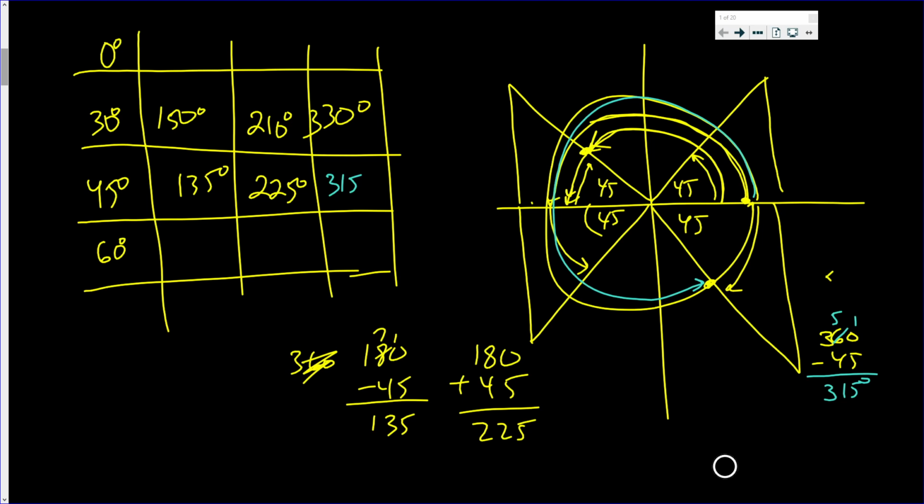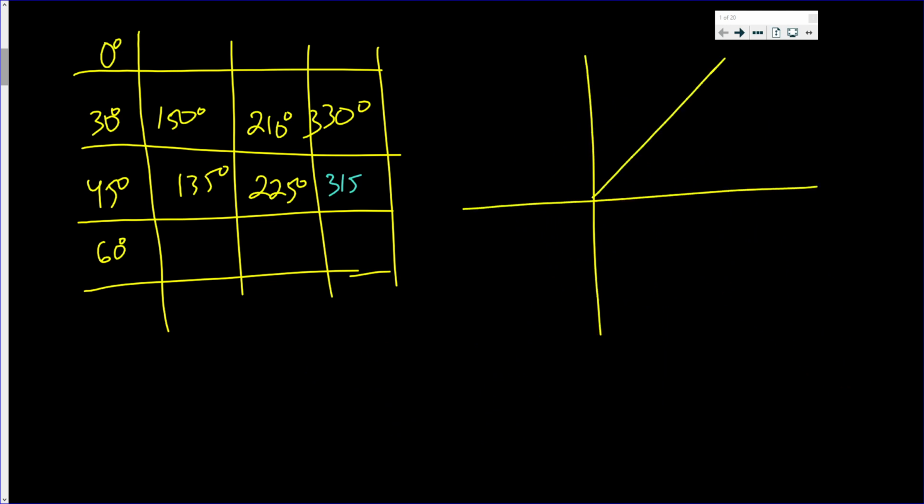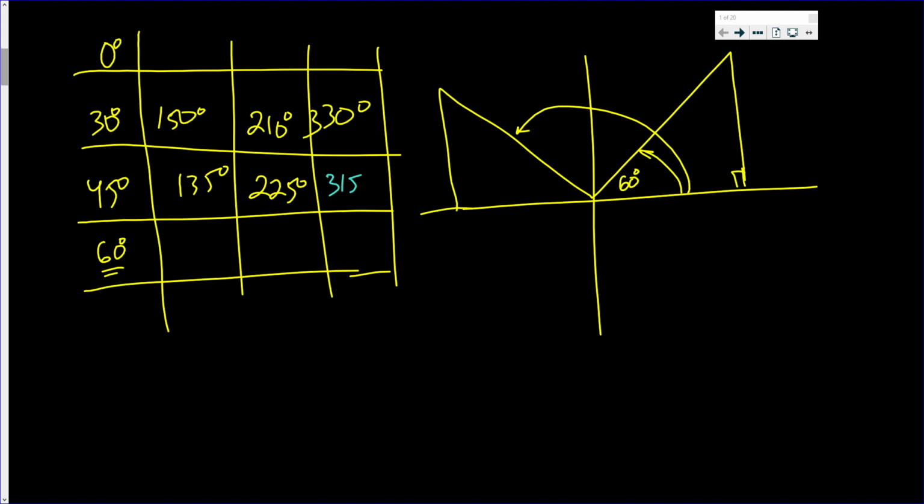60 degrees. In quadrant 1, I draw an angle and I complete it with a third side making a right angle. This reference angle is 60. So that angle is 60. Well, I already have that. What if I'm in quadrant 2? I want to know how far that is.